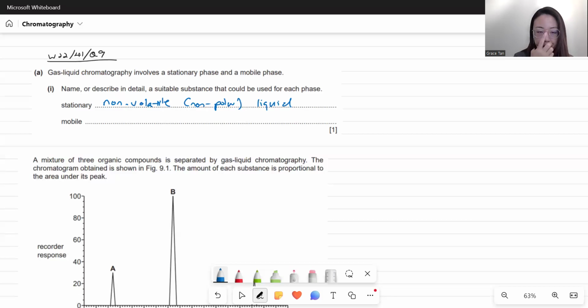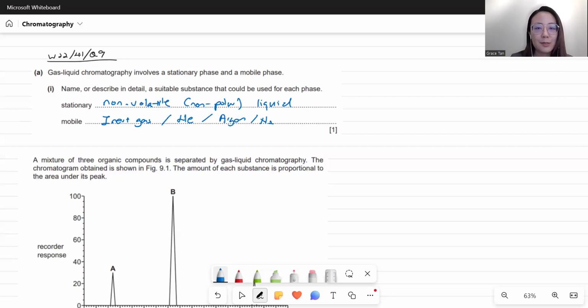Normally non-polar is not the mandatory word, but non-volatile is a mandatory word. It's because you need to ensure that they do not become gas as well, your stationary phase. Mobile phase, you can write inert gas. Or you can put a specific identity called helium or argon or nitrogen gas, also can.